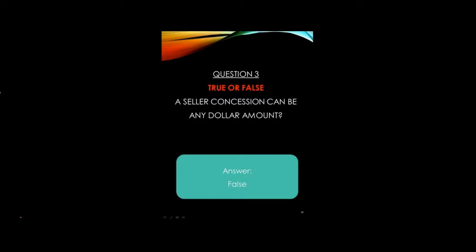You do have to check on the program you're doing and what type of property the loan is. So FHA, conventional, which is Fannie and Freddie, VA, and USDA all have guidelines that talk about their max seller concessions on their programs. So it's something you have to check on when you get a seller concession. You have to figure out, does it meet the guidelines?